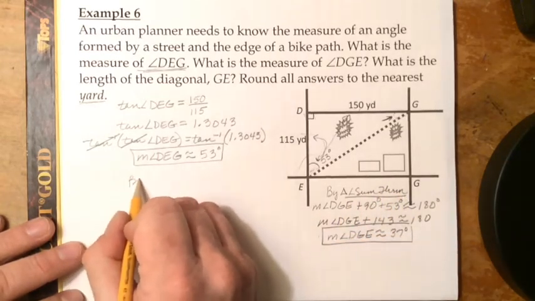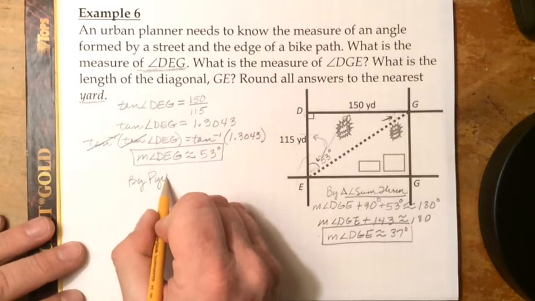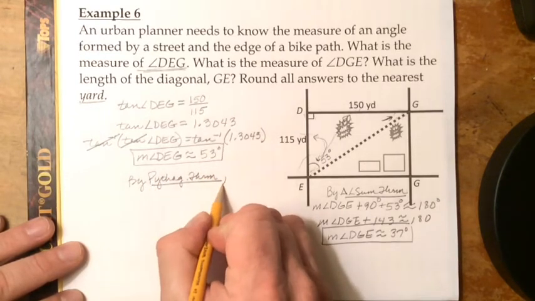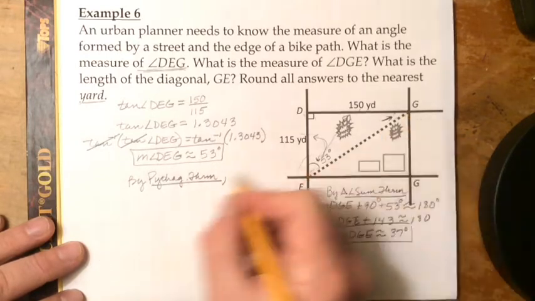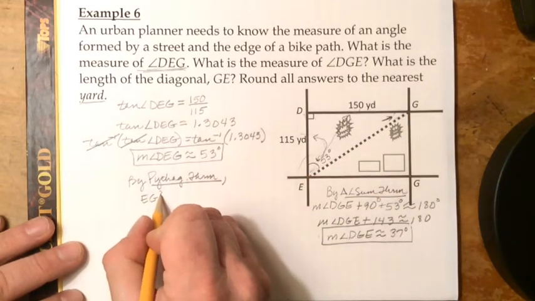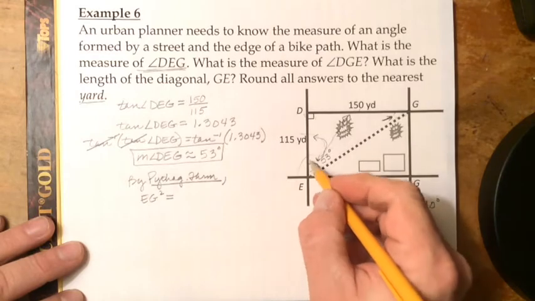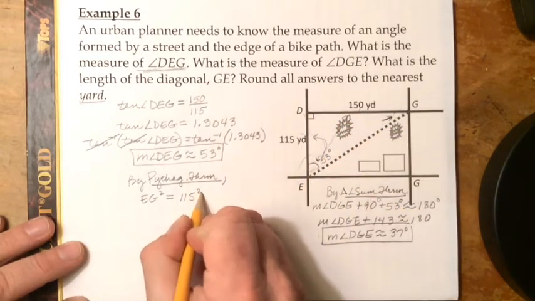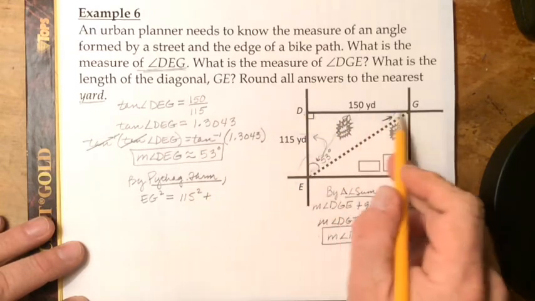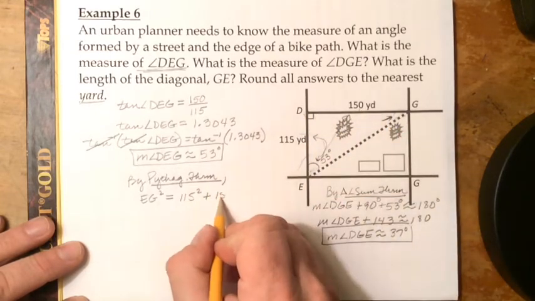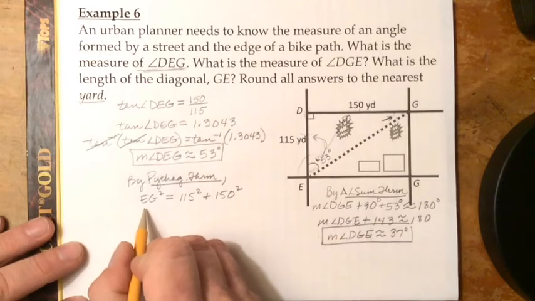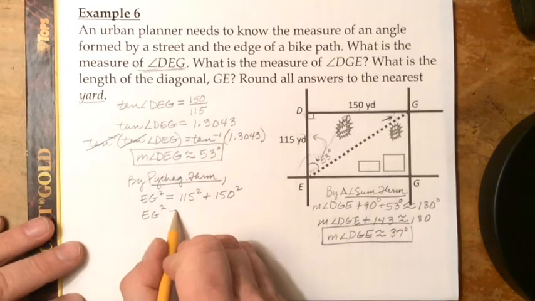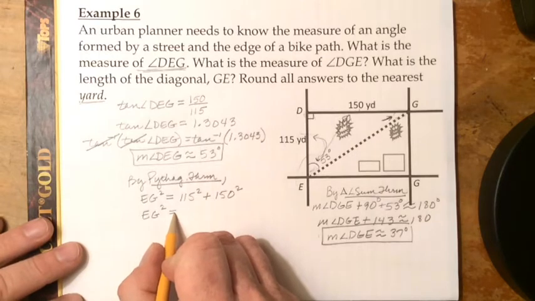And now by Pythagorean Theorem, we can say the hypotenuse EG squared is equal to one of the legs, DE squared, or 115 squared, plus the other leg, DG squared, which is 150 squared. And so solving for EG, eventually, EG squared is equal to 115 squared.